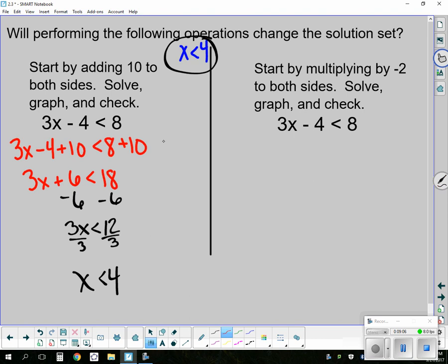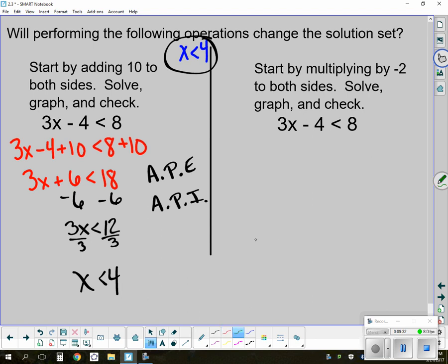So what that tells us is the addition property of equality can translate and become the addition property of inequalities. We can still add any number we want on both sides and get the same answer. Likewise, the subtraction property also works for inequalities.